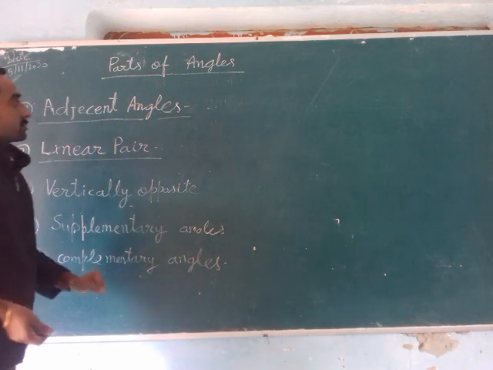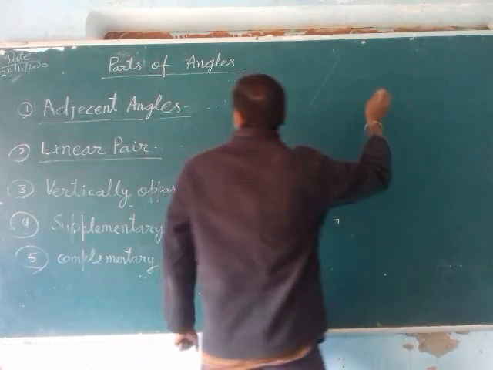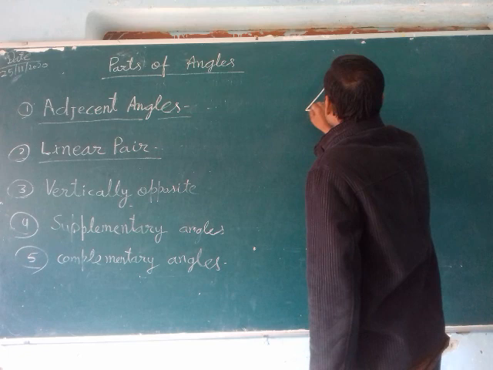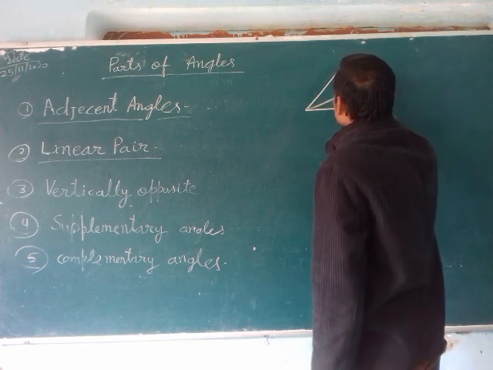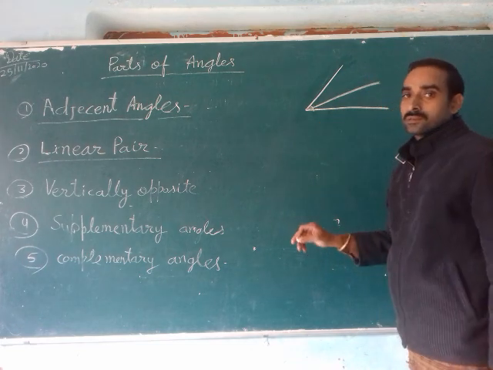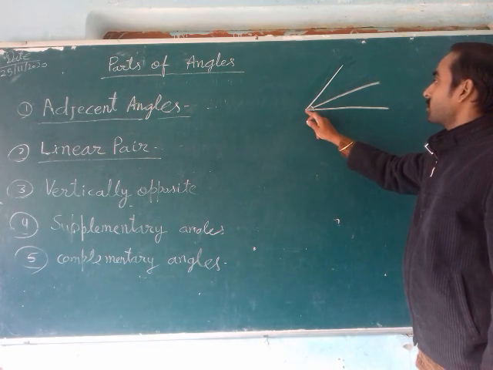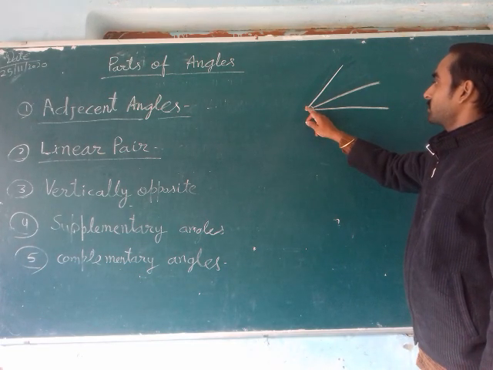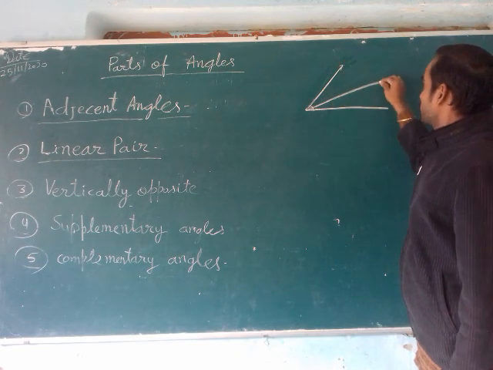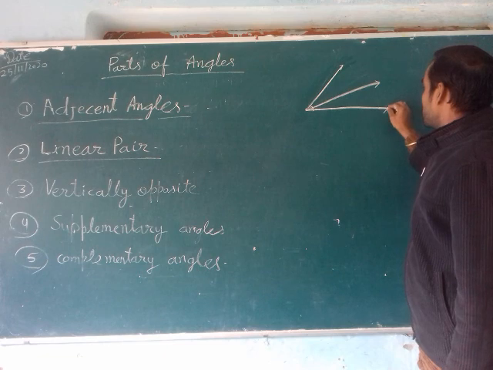Adjacent angles. When angles have the same vertex or common vertex, this is called the vertex, from where the rays start, begin or originate.